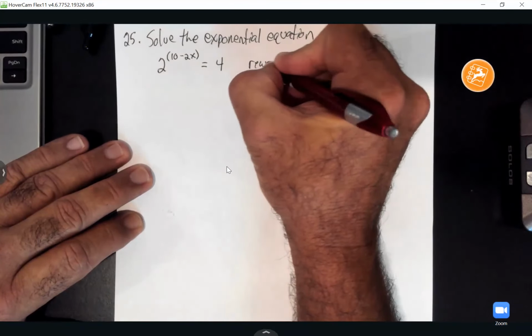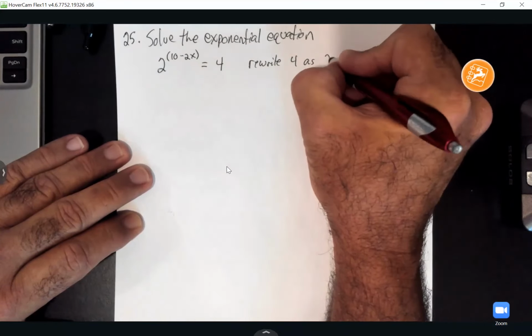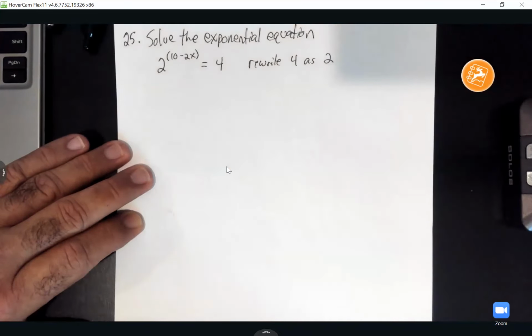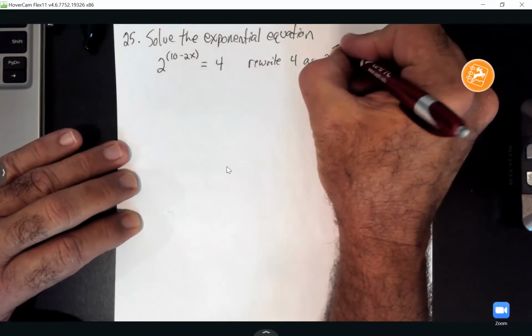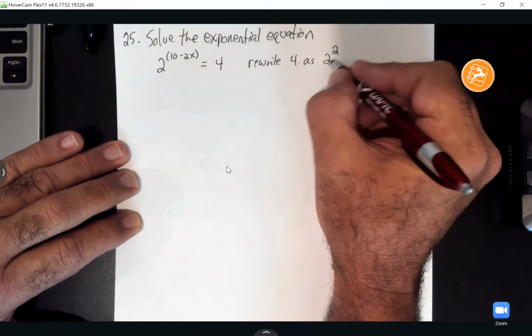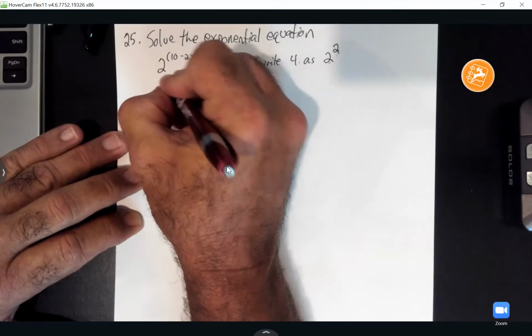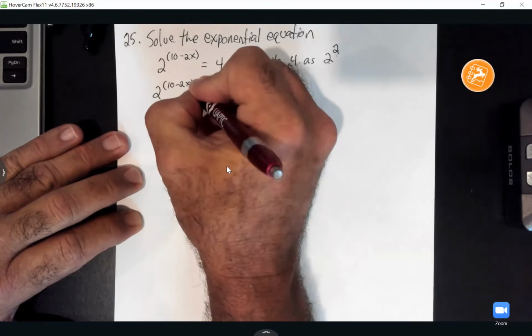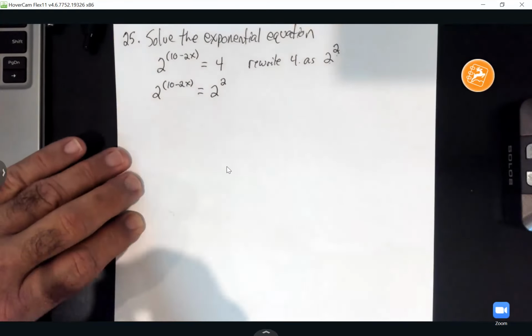So I'm going to rewrite my 4 as, well, y'all, what would I put? 2 to what exponent? 2. There you go. Because see, 2 squared is 4, so I can replace the 4 with that 2 squared. So I've got 2 to the 10 minus 2x equals 2 squared.